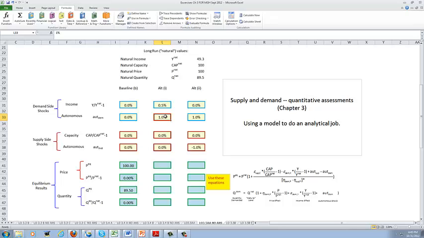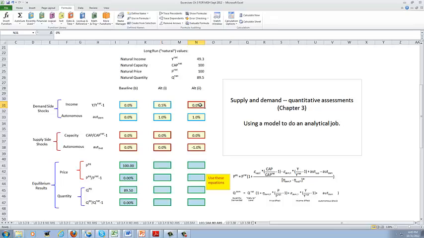We're predicting that the weather in the United States and Europe is going to be a little bit colder this year, and for that reason the demand curve is going to shift to the right. Under alternative one, there are no supply shocks, no capacity shocks, and the political situation in oil producing countries is benign.